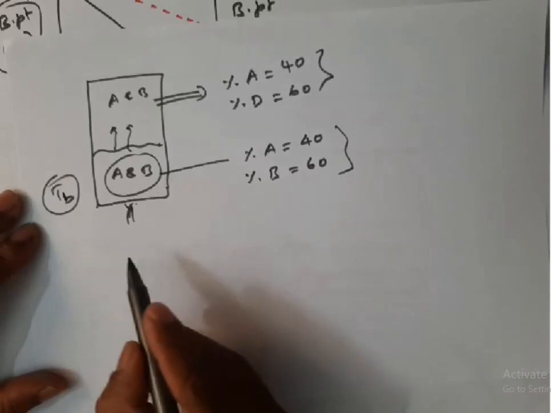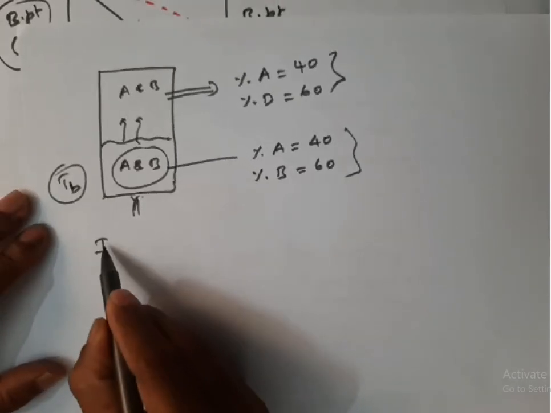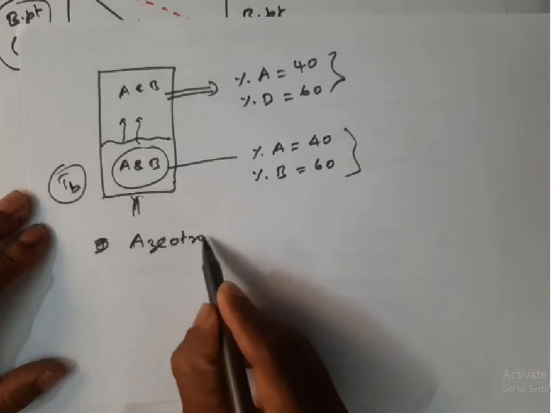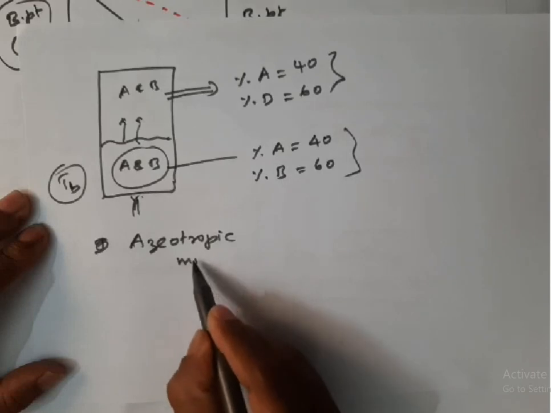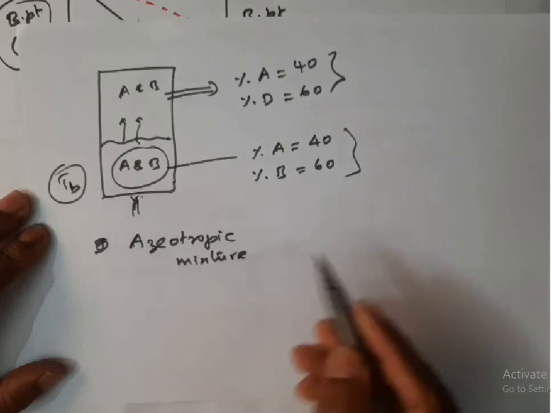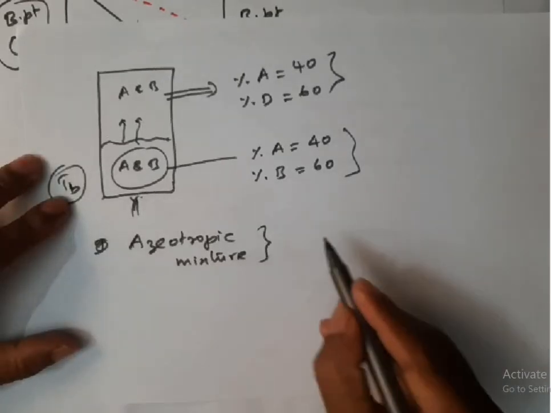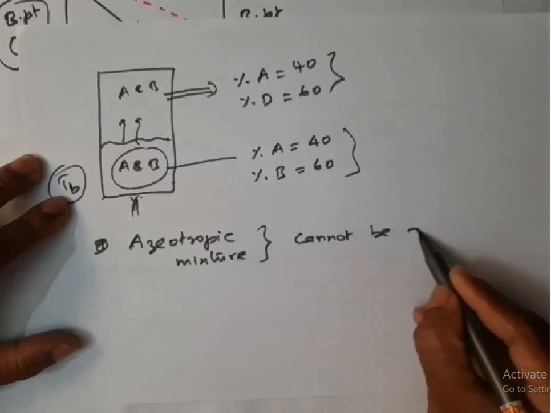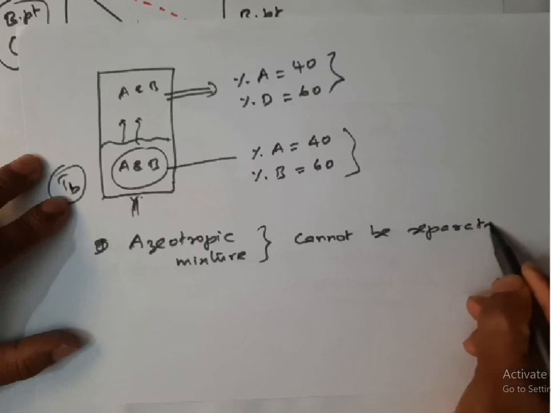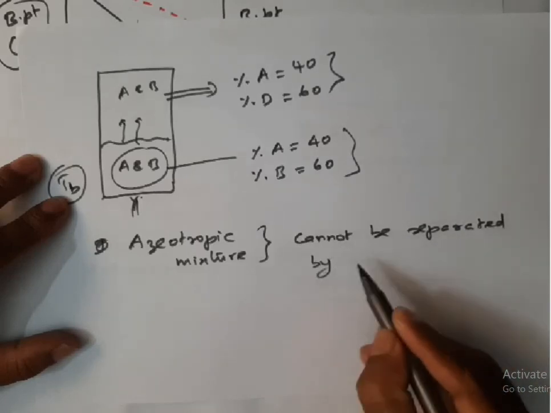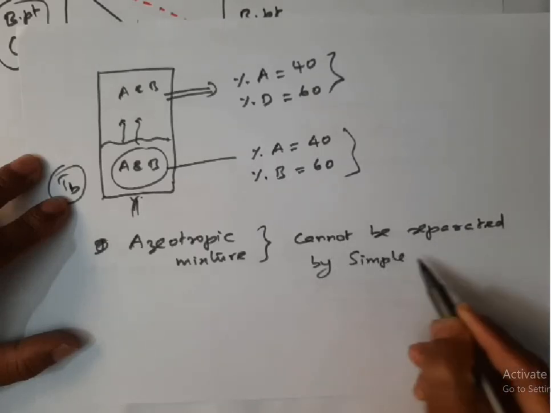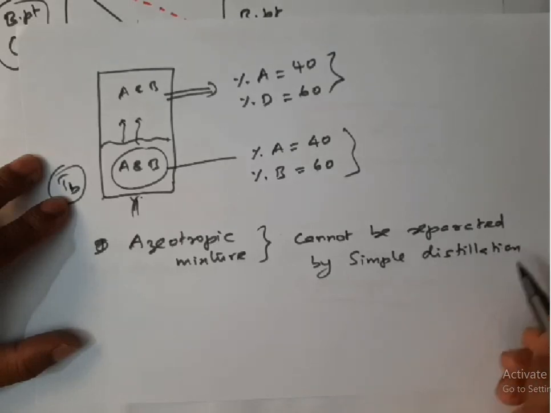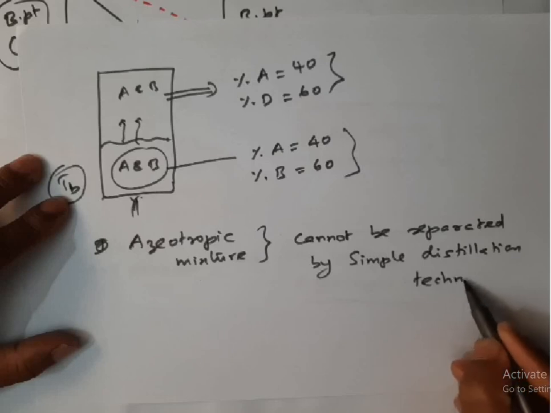In the case of azeotropic mixtures, an azeotropic mixture cannot be separated by the simple distillation technique. Why?